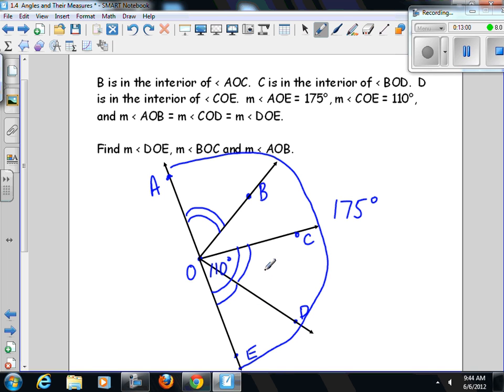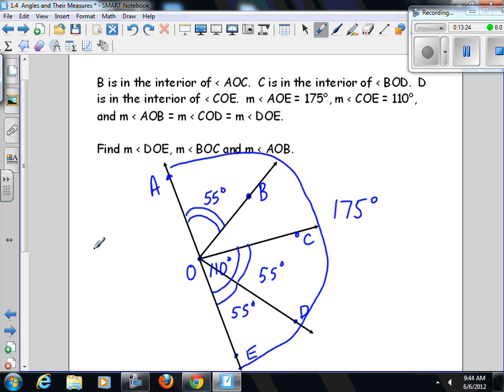We know by the angle addition postulate that COD and DOE have to add up to 110. If they're both equal, we would take 110 and divide it by 2. So each of these angles would end up being 55 degrees. That has the same angle measure as AOB, so that would also be 55.